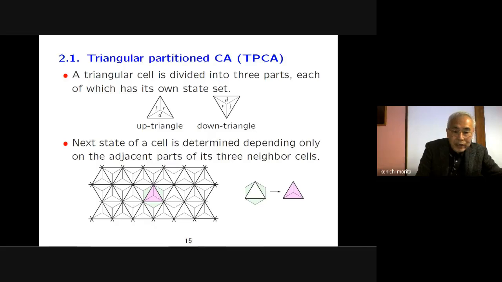In a triangular partitioned cellular automaton, a cell is divided into three parts, like these. Each of which has its own state set. Next state of a cell is determined depending on the adjacent three parts of its three neighbor cells, as shown in this figure.